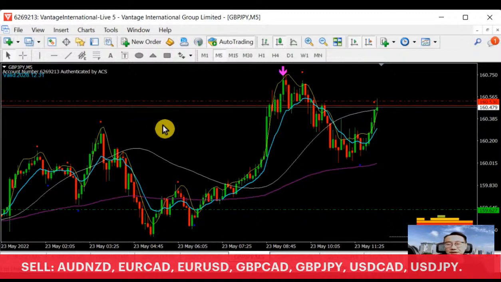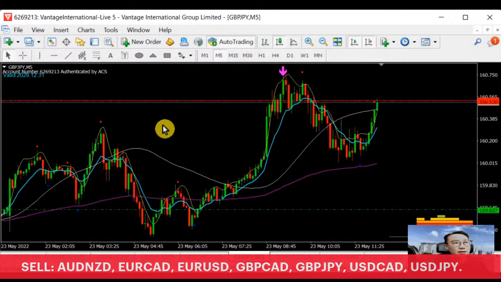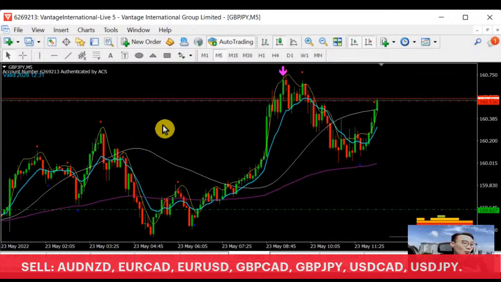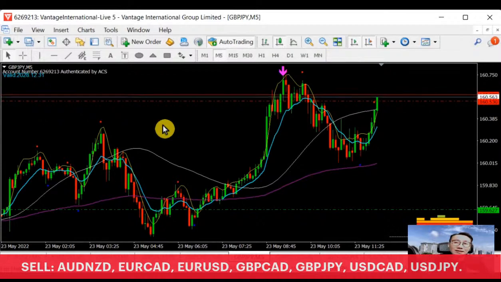The question here is, does it mean that in the first half of the day, like now, we don't have a chance to enter a trade? It's because I'm waiting for a very good resistance to enter, to sell.